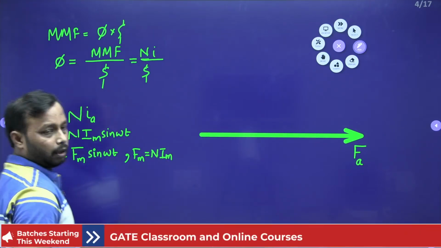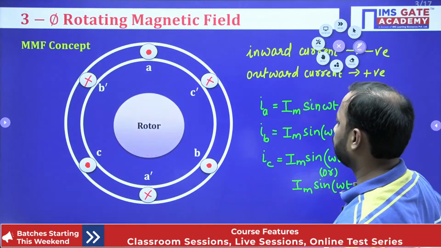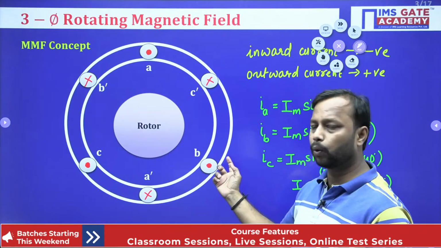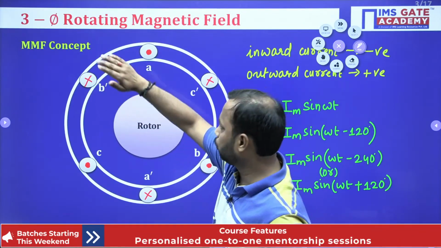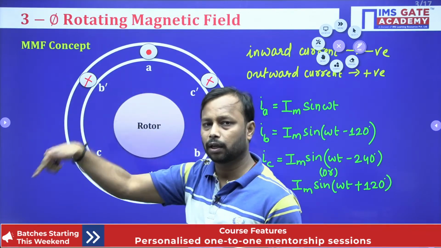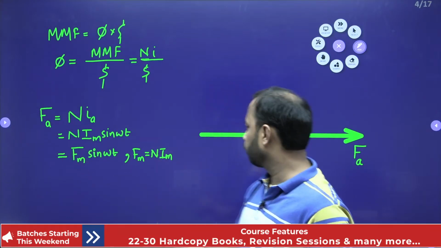Done. Now let us find the direction of MMF due to coil B. Okay, this is coil B. Here current is outward and here current is inward. So the thumb will show you the direction of MMF, which is not vertical, it is basically some phase displaced.